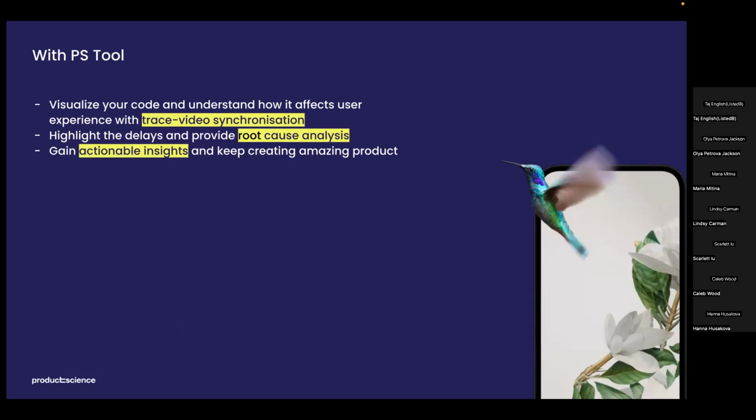That feature, together with showing the execution path and the dependencies between the code events, clearly highlights the delays and provides you with the root cause of the delays. That's how you can get actionable insights on how to improve your app, how to speed it up without spending too much time and effort, make it faster, and keep creating amazing products.